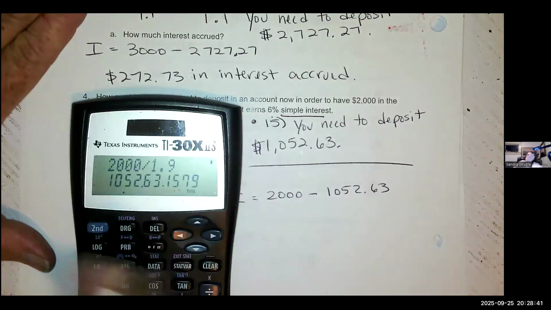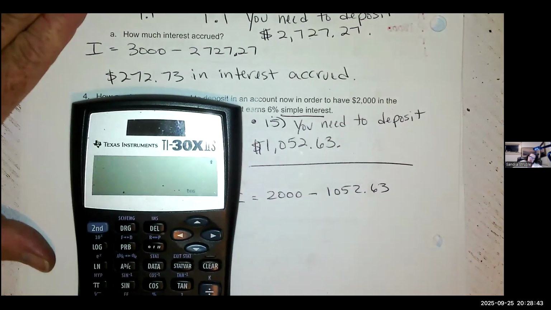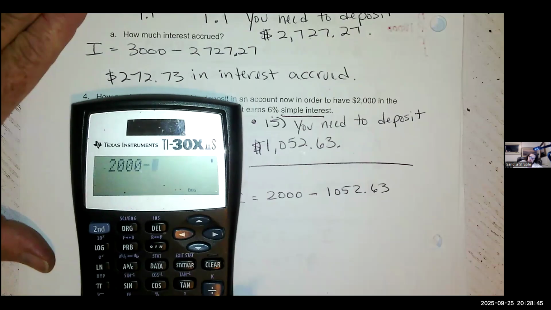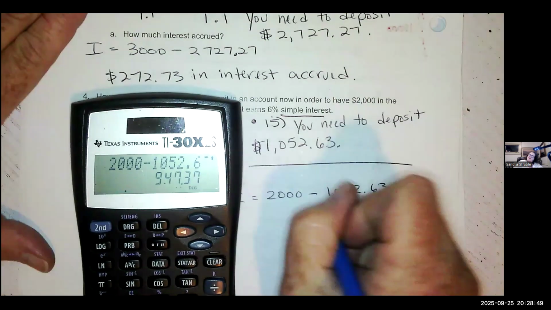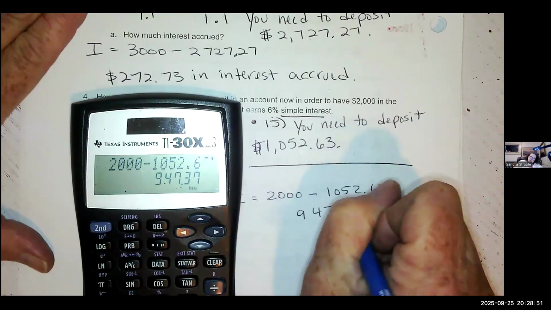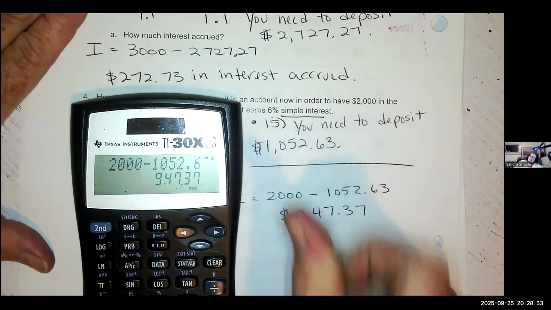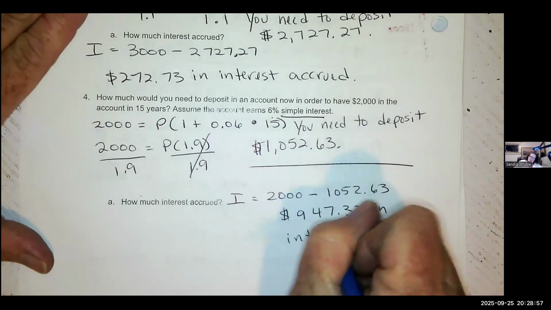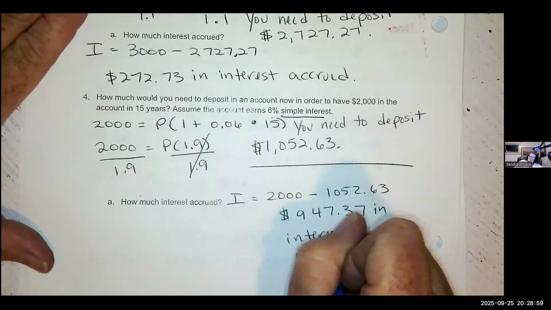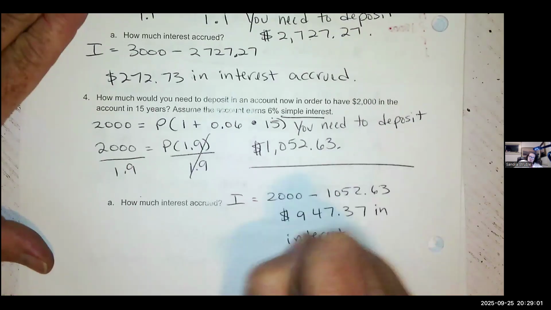I have to clear my calculator anyways. 2,000 minus $1,052.63 is $947.37. Don't forget your dollar sign in interest accrued.